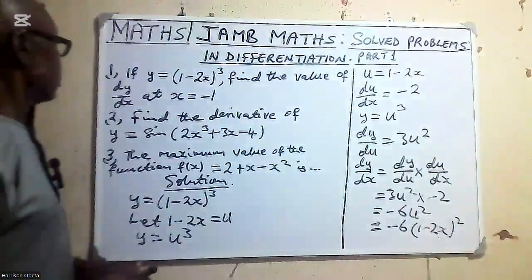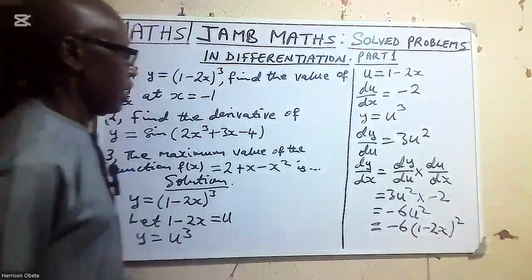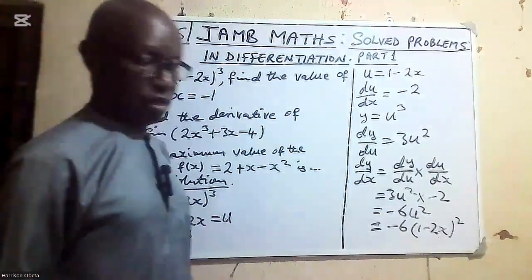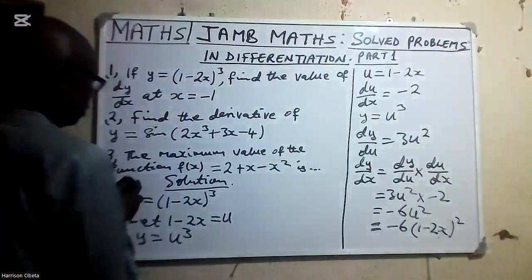And then, we are told to solve that at x equal to minus 1. So coming back, we substitute the value.